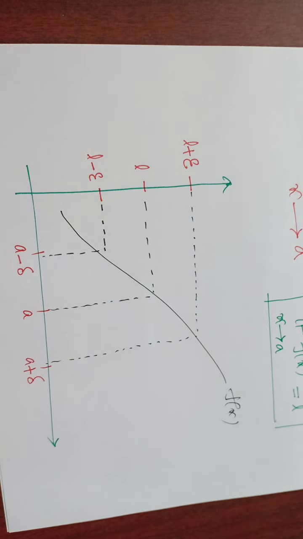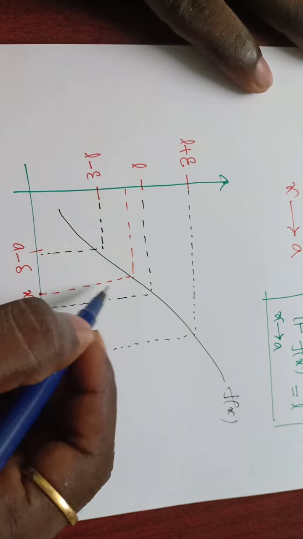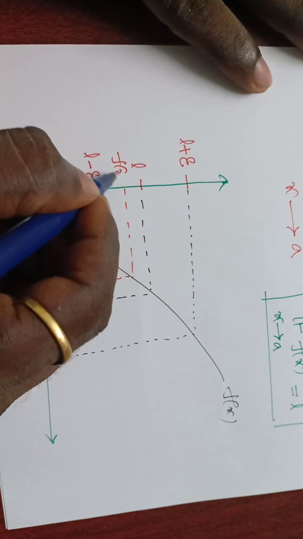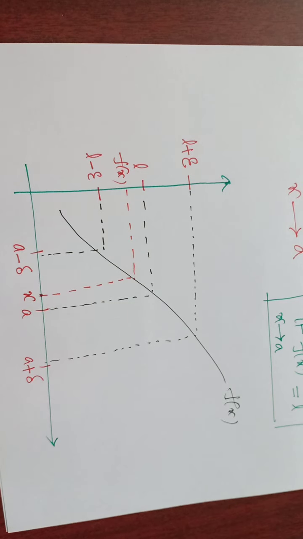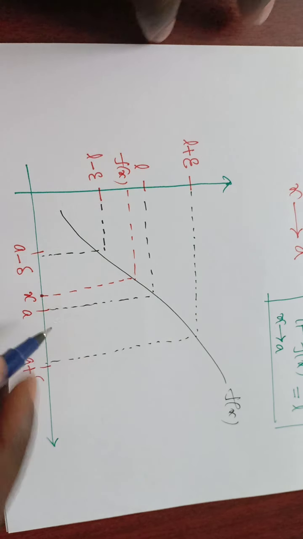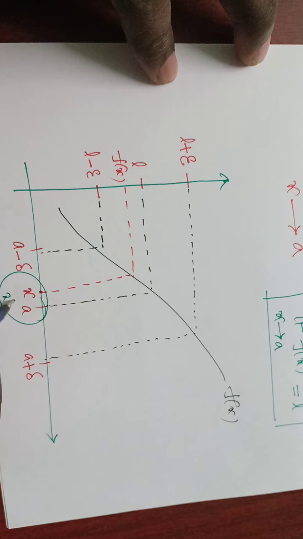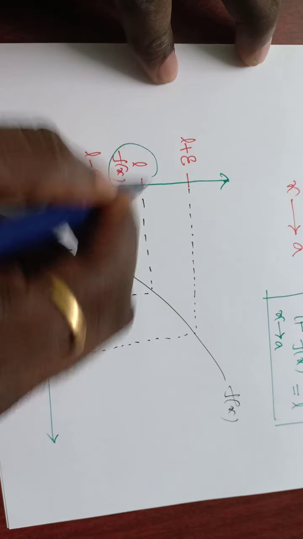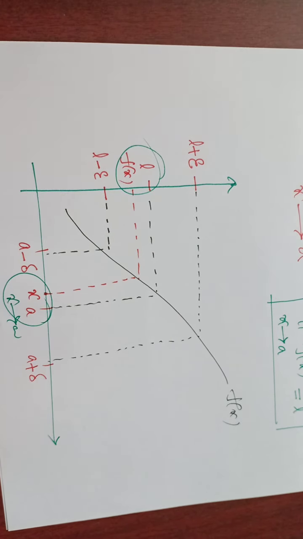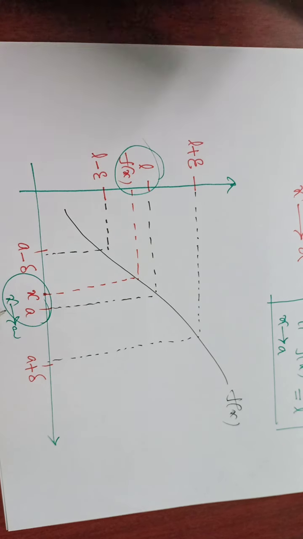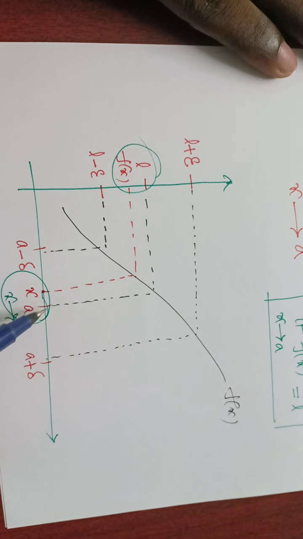as x is very close to a, then f of x is very close to L. So what is the limiting position as x is very close to a?